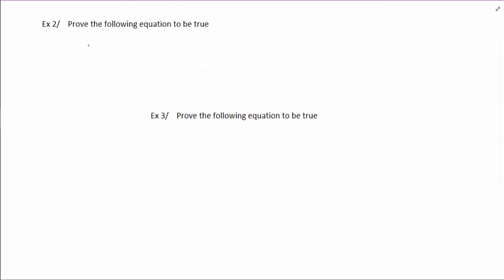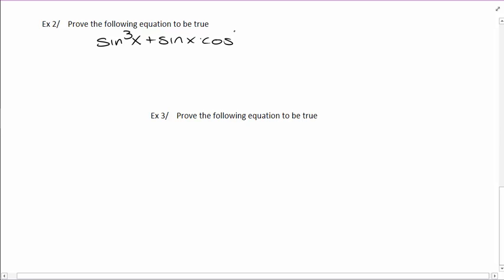The first one I'm going to leave you with is that the sine cubed of x plus the sine x times cos squared x equals the sine of x. The hint I'm going to leave you with for this one is factor a GCF. Think about which side is more complex, which side you can work down.